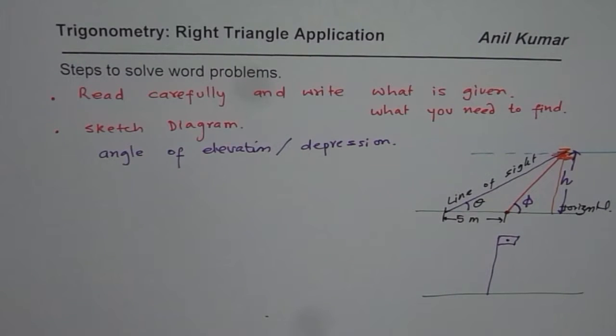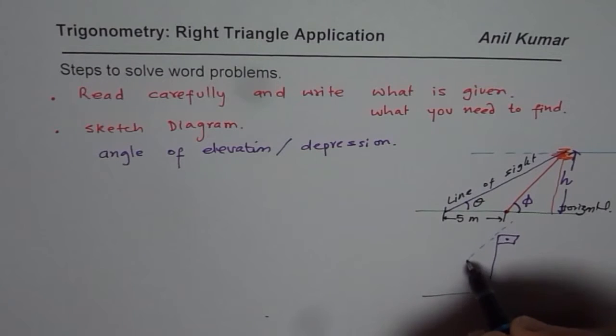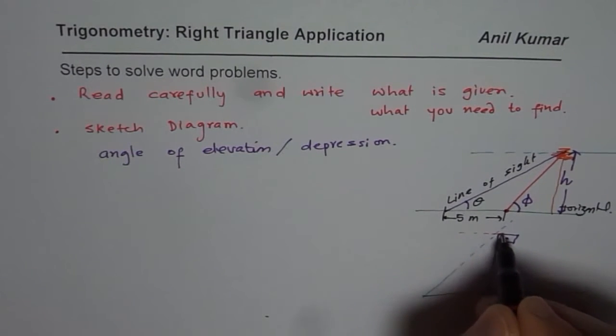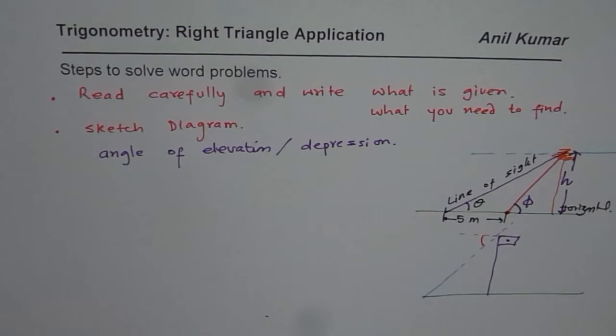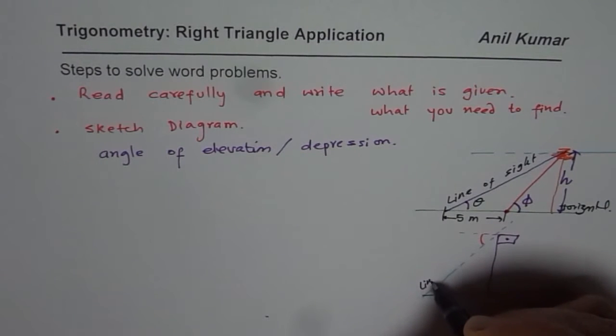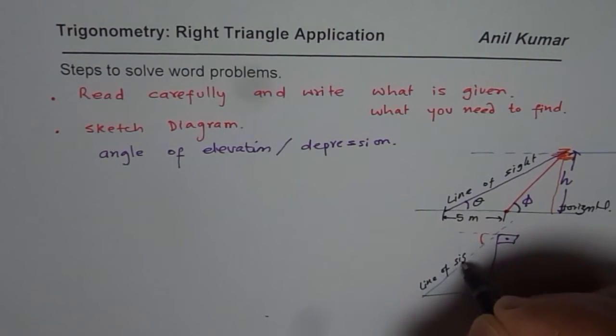Now, in this particular flag, let's say sun rays are coming and then you get a shadow. So that is the shadow of the flag. Now the angle of depression is this angle, the angle which is from the top. So this is your line of sight, I should say sun rays, whatever.